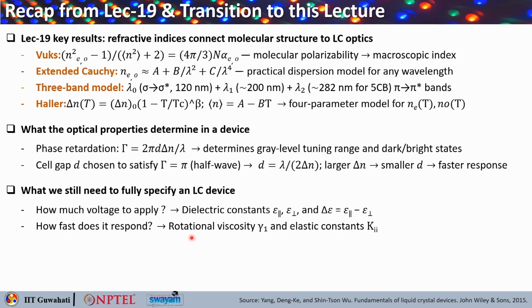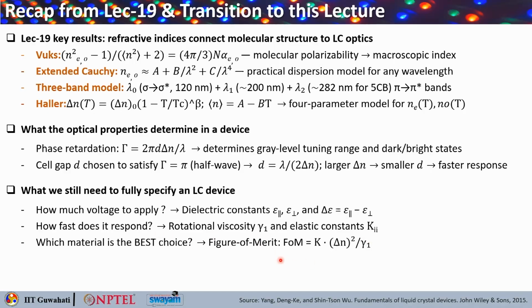That comes from the rotational viscosity gamma 1 and the elastic constant K ii, which can be K11, K22 or K33 depending on the type of deformation. And then which material is the best choice? You have to compare the figure of merit, which is calculated as K times delta n squared divided by gamma 1.